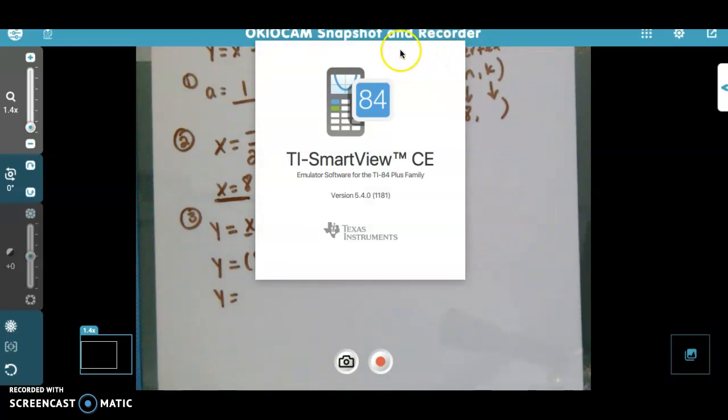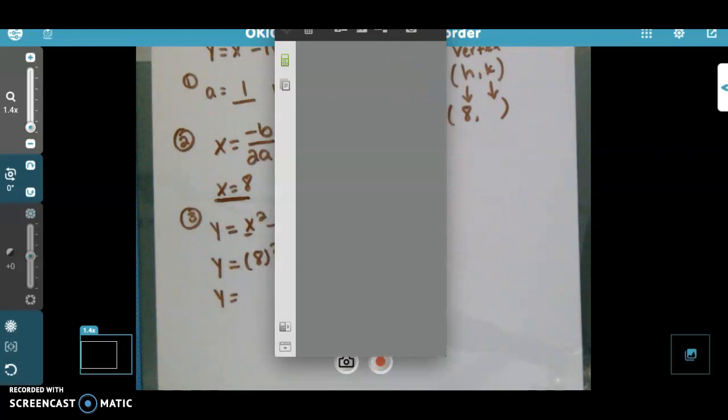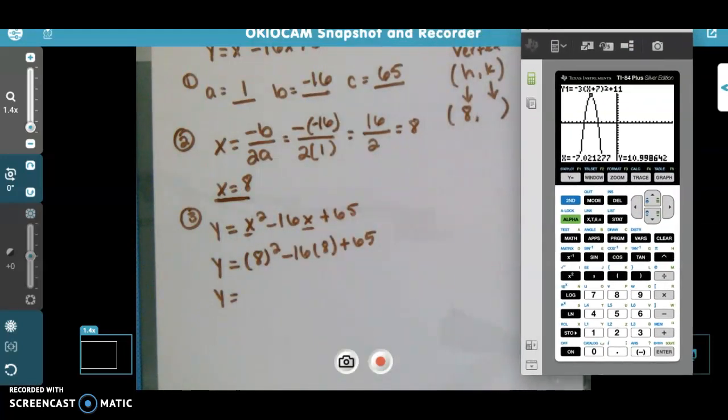And you can see how I enter it in the graphing calculator. You should be using a graphing calculator, guys. So let's go ahead and clear. Okay, so let's go ahead and put parentheses 8 squared minus 16 parentheses 8 parentheses plus 65. You should get, oh, y equals 1.